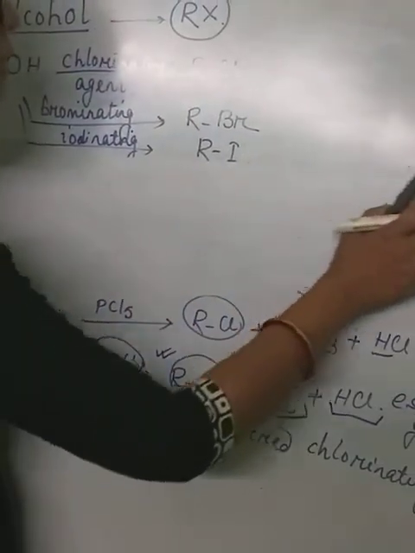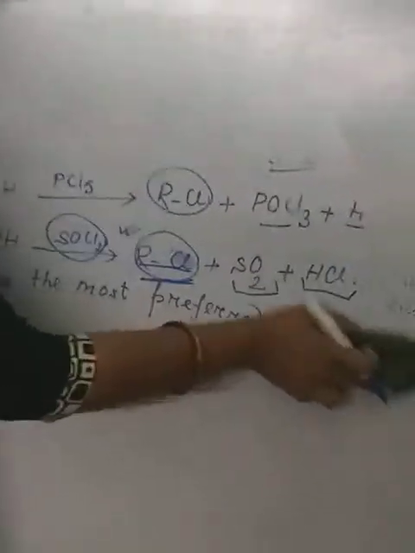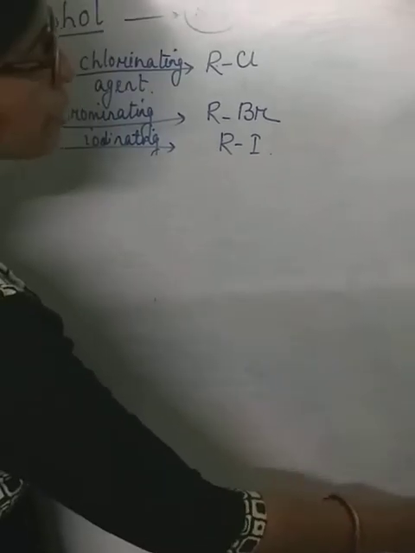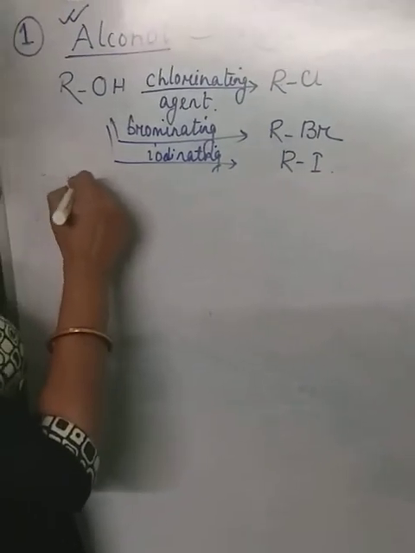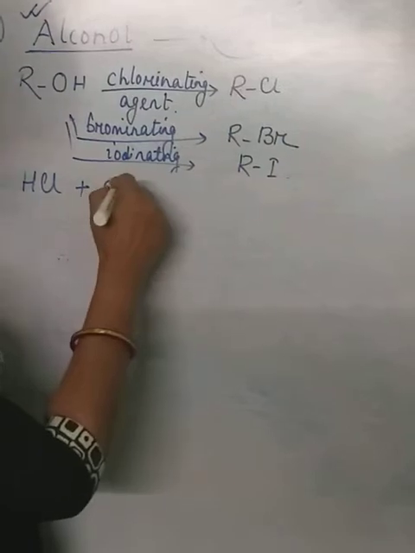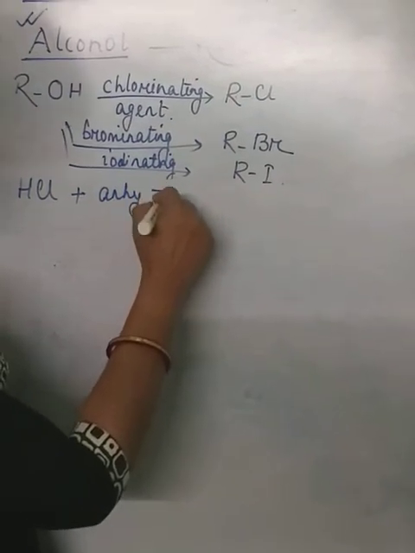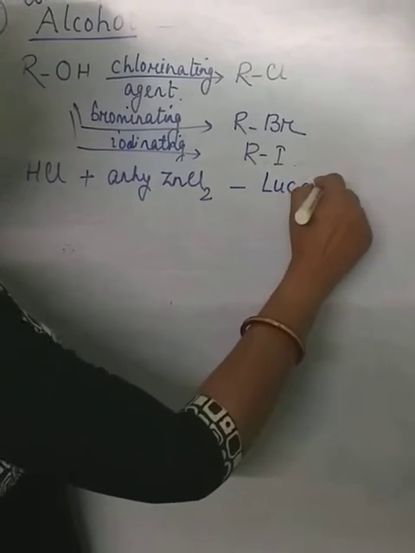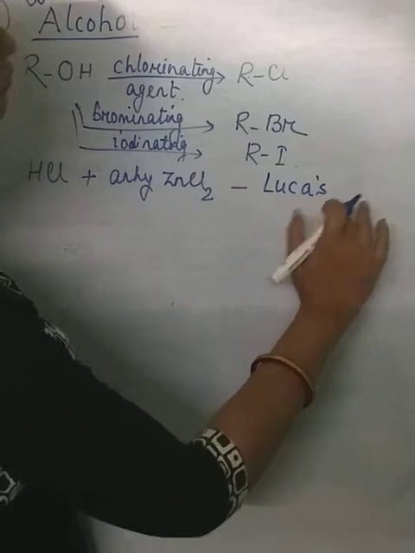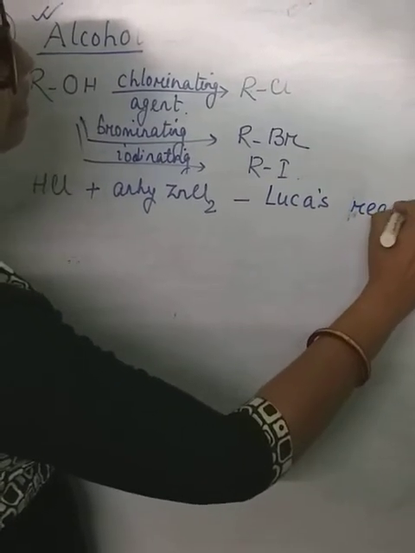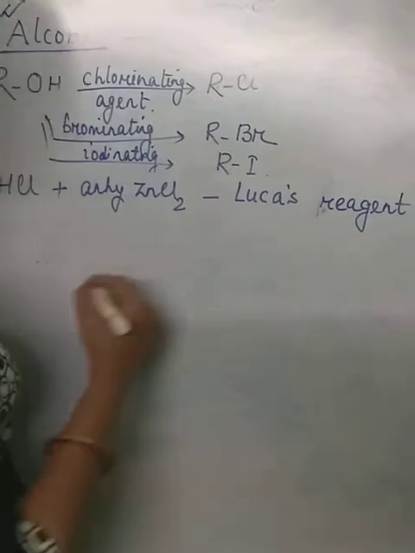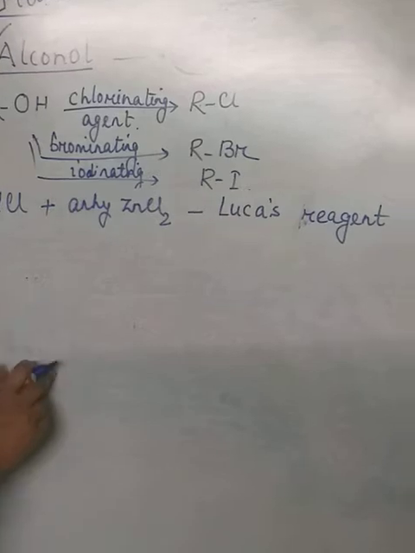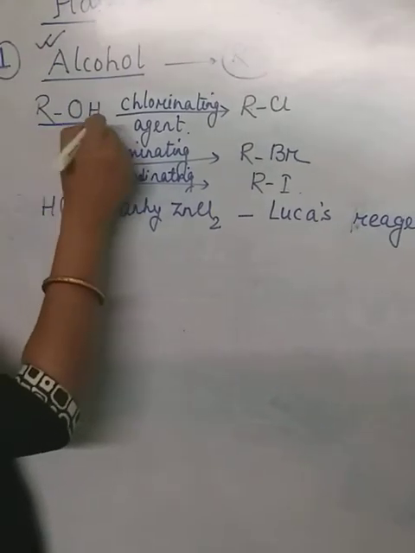We have another reagent I wrote, hydrogen chloride or HCl acid along with anhydrous zinc chloride. So this mixture of HCl and anhydrous zinc chloride is known as Lucas reagent. This reaction has a great impact in the distinction of primary, secondary and tertiary alcohol.